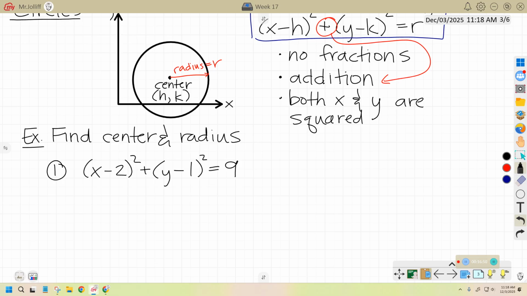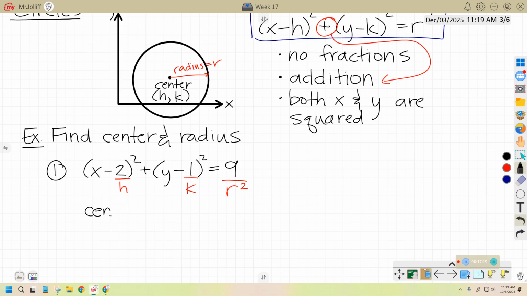The number on the other side by itself is my radius squared. So I know this thing here is h, this thing here is k, this thing here is r squared. Are you okay with that so far? Matches the standard form equation, good.